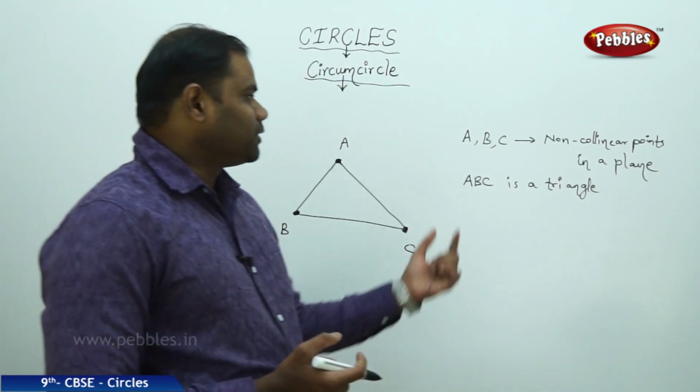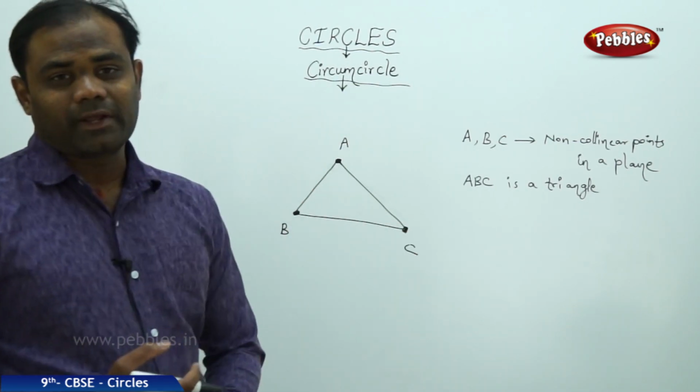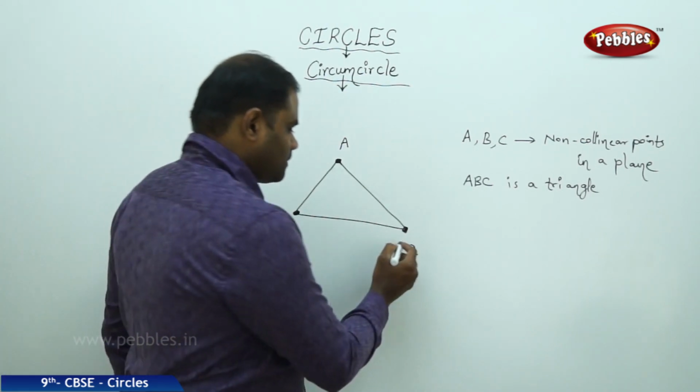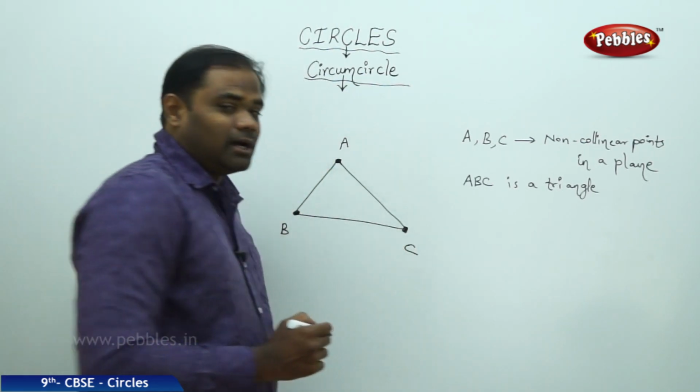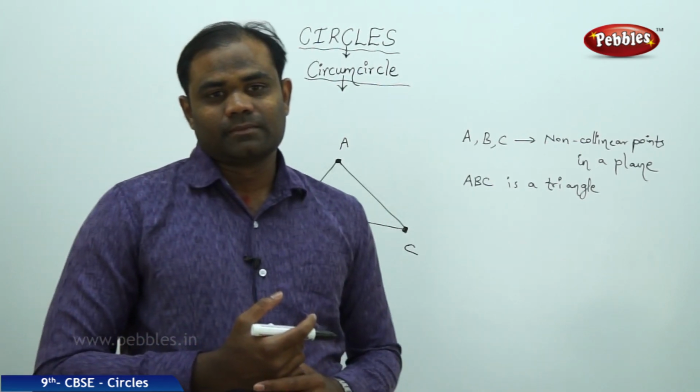So for any 3 non-collinear points in a plane, when we join them, we get a triangle with vertices A, B and C. Let's see how we define a circumcircle for this triangle.